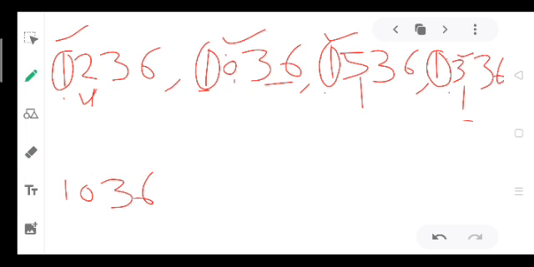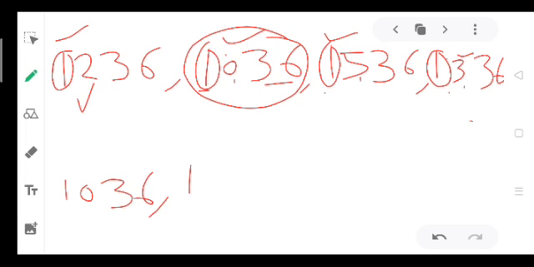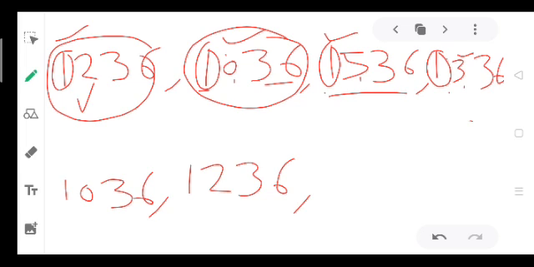We will leave this one now. 1200. Here is 500. Here is 300. So which one is smallest now? 200 is smallest. So we will write the numeral 1236. Now this is also covered. Now remaining are 1536 and 1336. Thousands are the same.